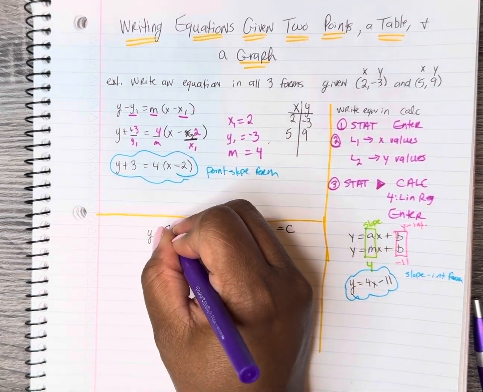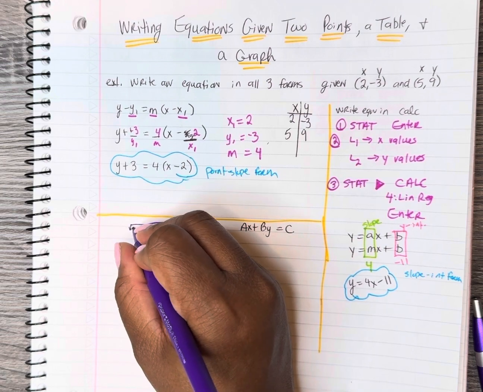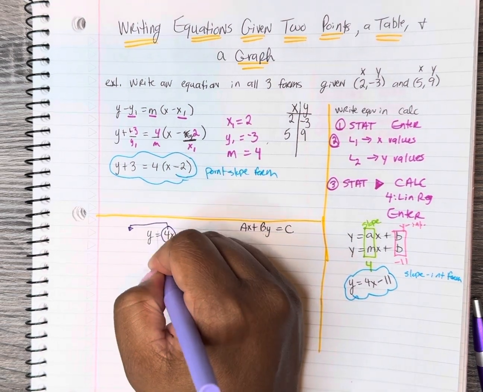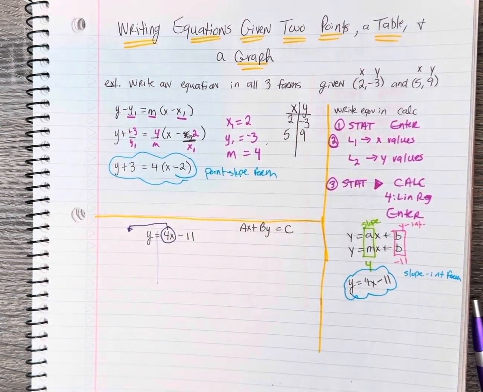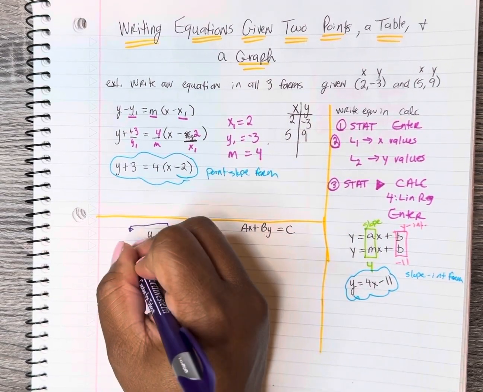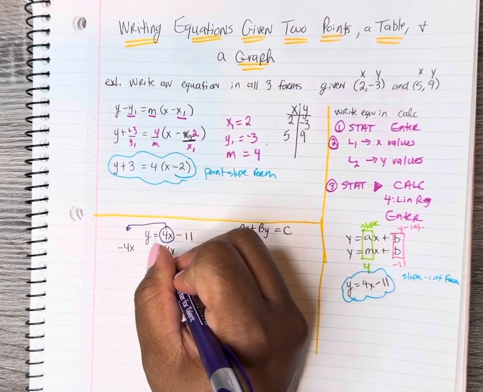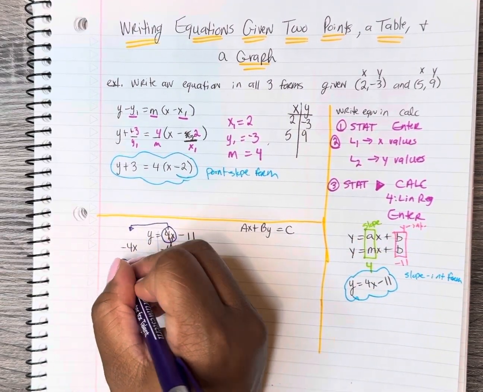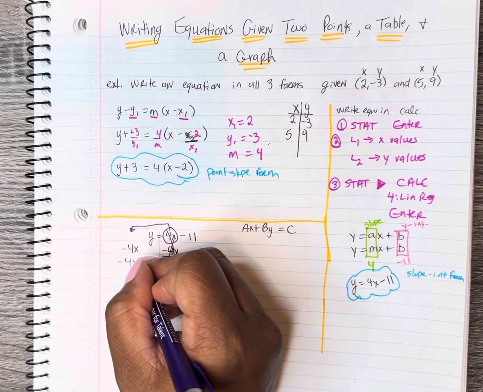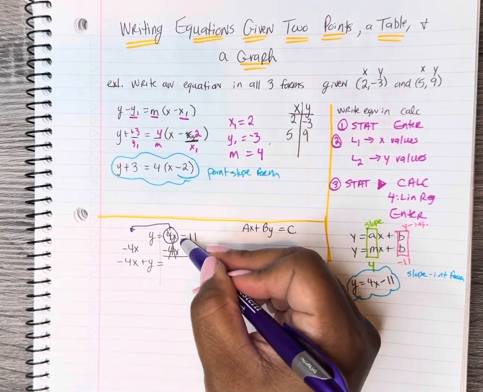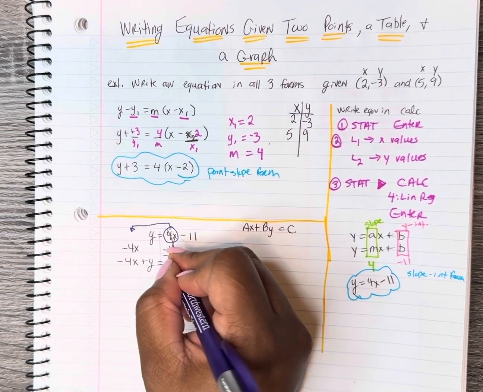But we can take that 4x and we need to move it over here with the y term. And we're going to do that by inverse operations. So we move terms by inverse operations. So instead of this being plus 4x, we've got to subtract 4x to move it. This cancels, and this becomes negative 4x. Since the y is positive, it's going to be plus y equals, the only thing that's left is this negative 11, so we bring that down.